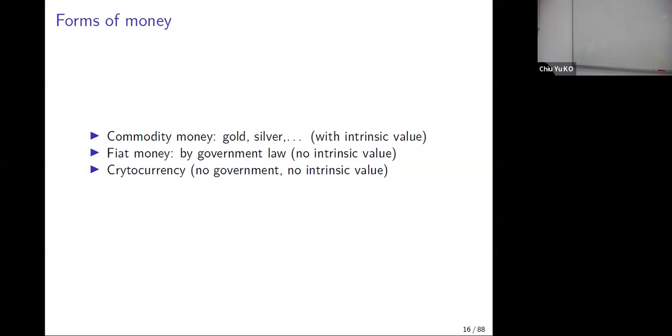Why? Anyone want to comment on that part? What is so essential that diamond is different from silver and gold? Scarcity. Yeah, one consensus, and that is one of the very important ones.